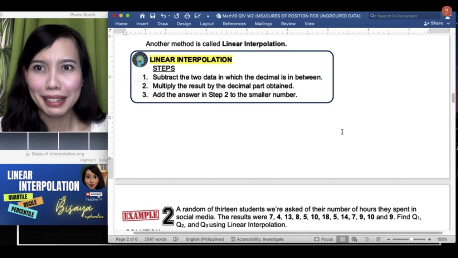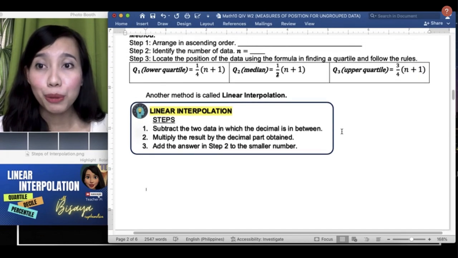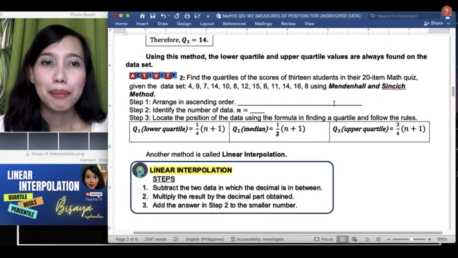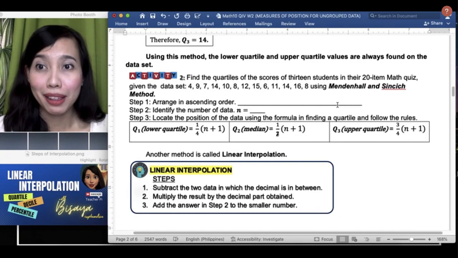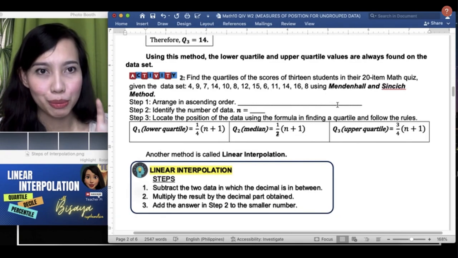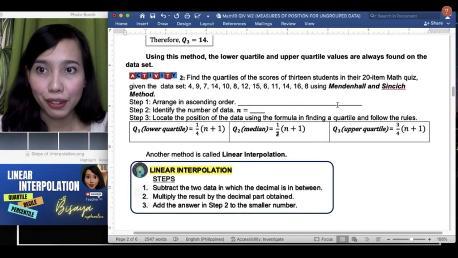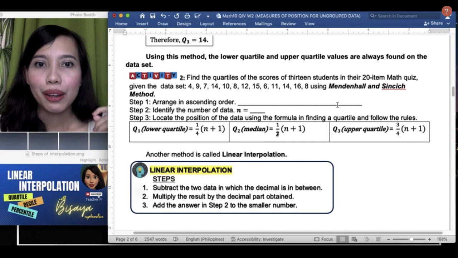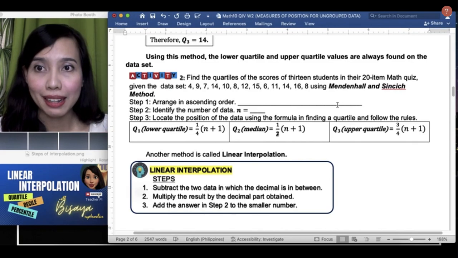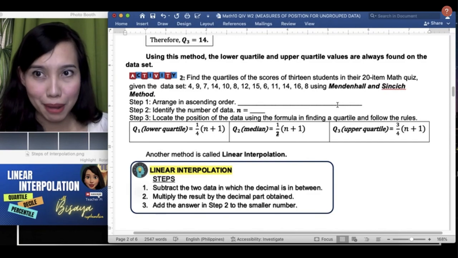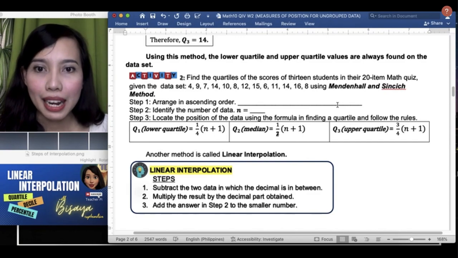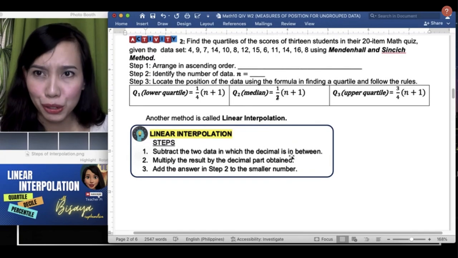I just call it the M&S method because it is hard to pronounce Mendenhall and Sincich method. I am not 100% sure how to pronounce those words. But you can check that video on how to get the lower quartile, median, and upper quartile of the data using that method. For today, we will study the use of interpolation.